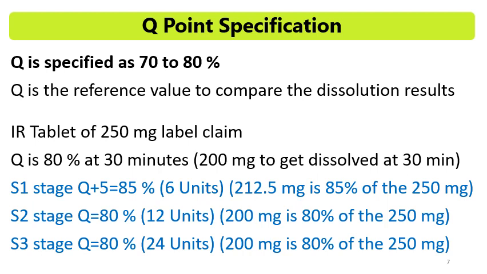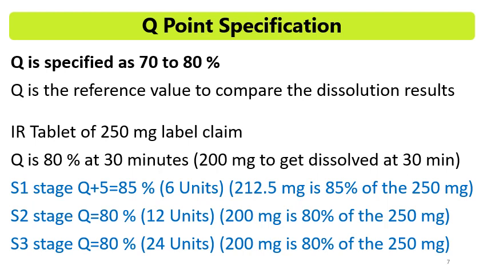Now consider an IR tablet of 250 mg and you are setting 80% within 30 minutes. So 80% of 250 mg will be 200 mg. This is for your understanding that for a 250 mg tablet, if it is releasing 80%, that is 200 mg. If you are considering S1, S2, S3 stages, then Q plus 5% is considered. Now many of the professionals get confused at this point, that is Q plus 5.